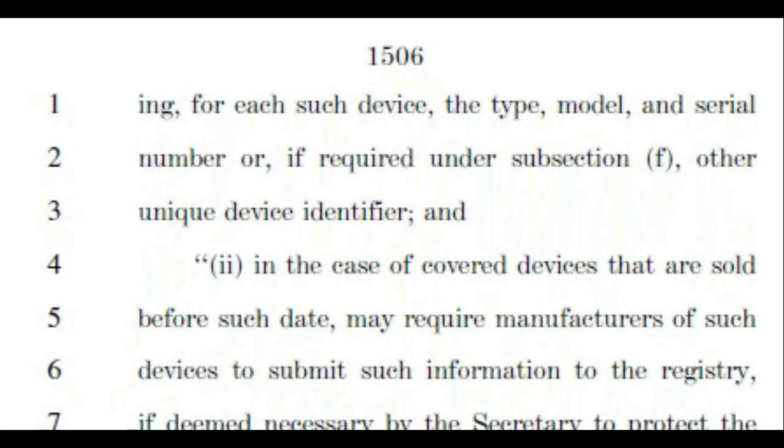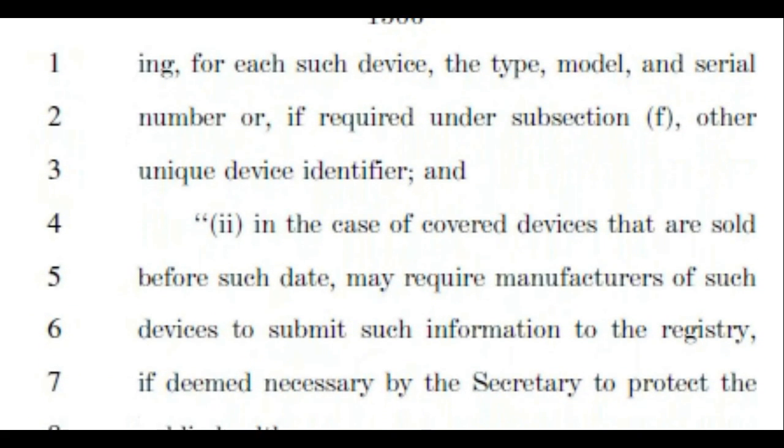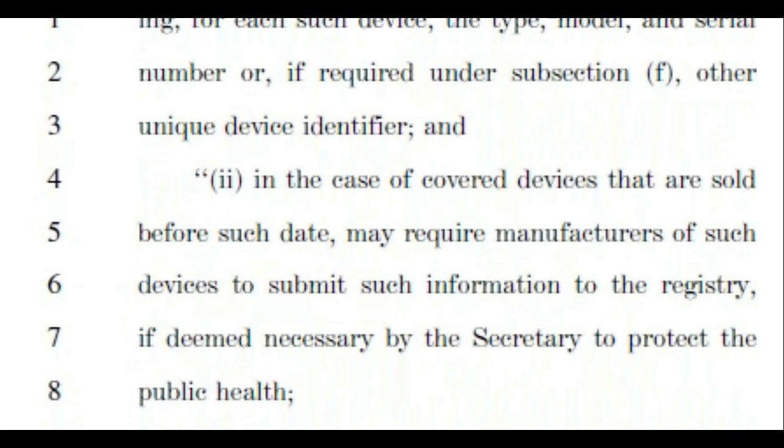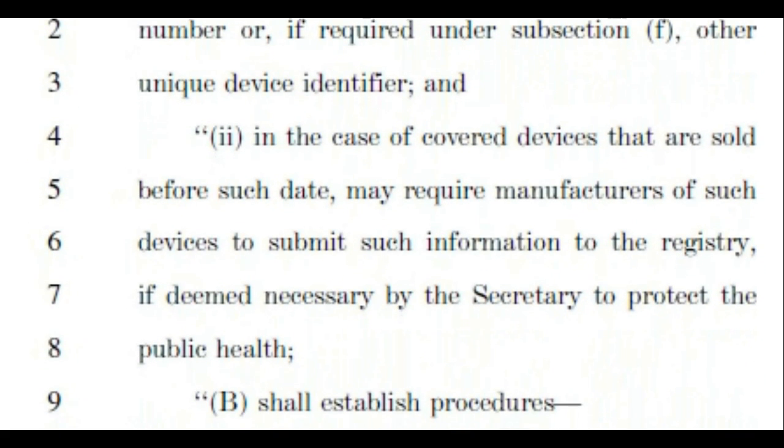(4) The Secretary shall promulgate regulations for the establishment and operation of the registry under paragraph (1).